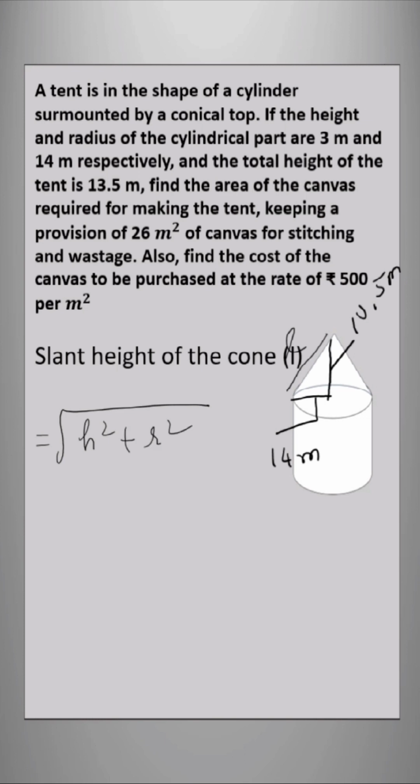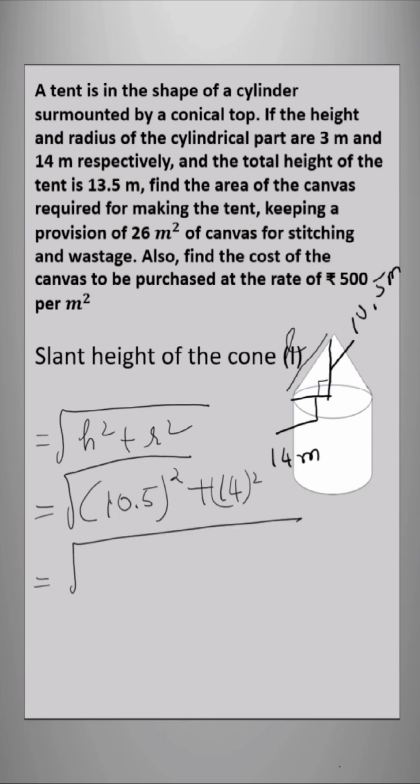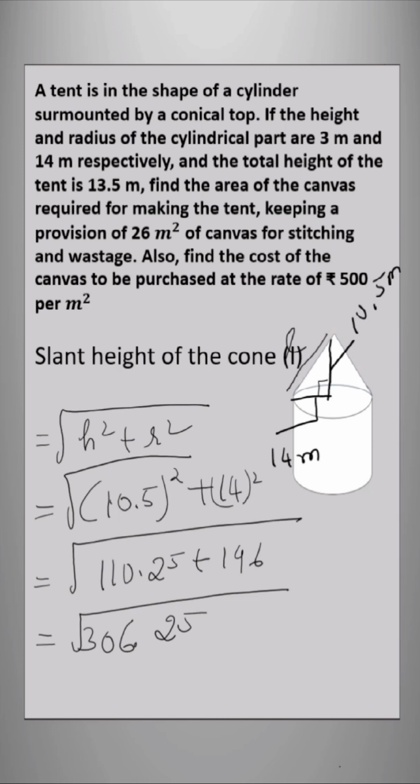Height is 10.5 square plus radius is 14 square. That is equal to square root of 110.25 plus 196, which is square root of 306.25, which is 17.5. So slant height of the cone is 17.5 meter.